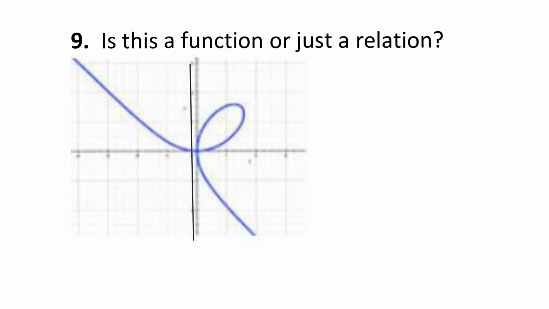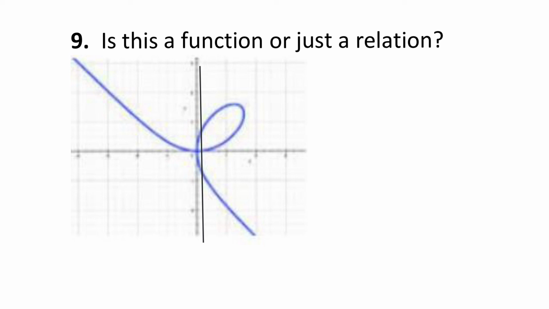And if you see, when it gets right here, the vertical line is touching the graph here, and here, and here. So we have 3 different points. Since it's touching 3 times, this is not a function, it's only a relation.